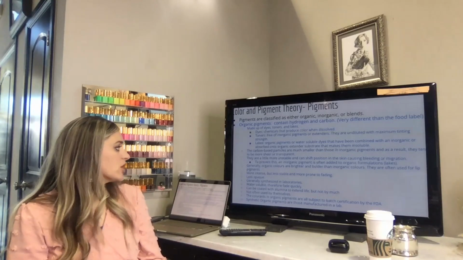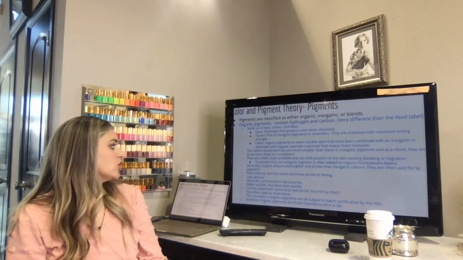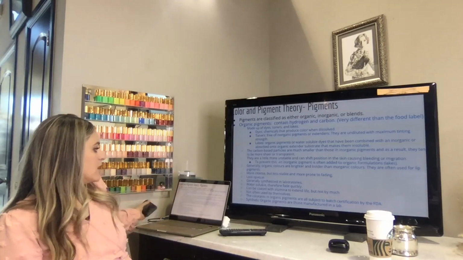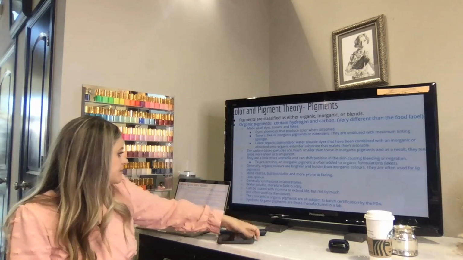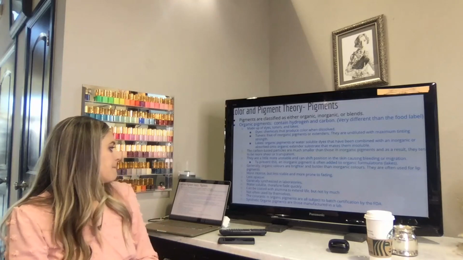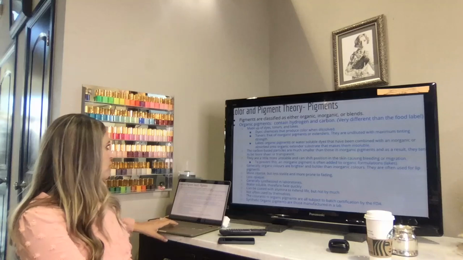Water soluble, that's why they fade quickly. They can be coated with alumina to extend their life. Not often do we use them by themselves. That's pretty much it for organics.